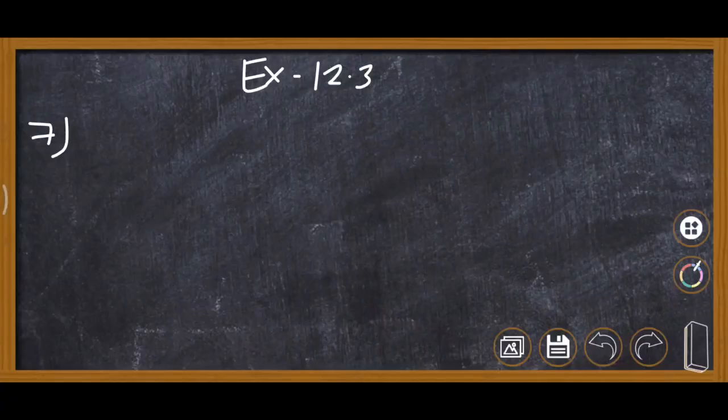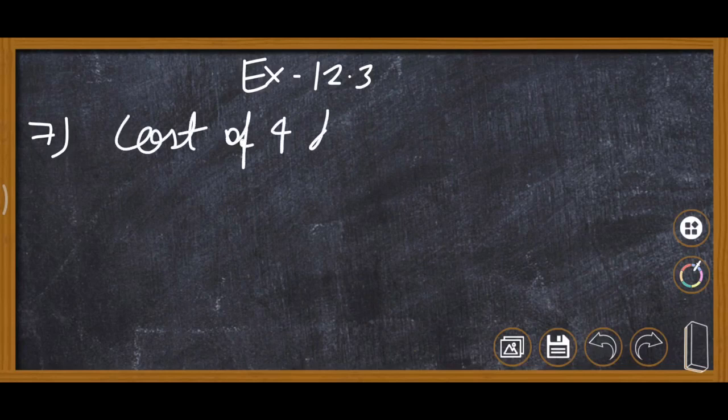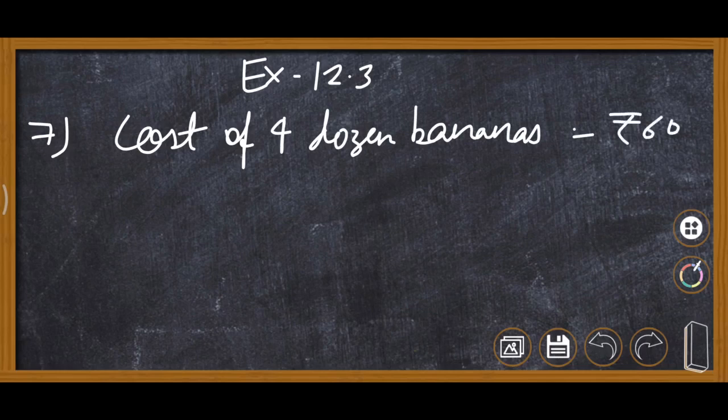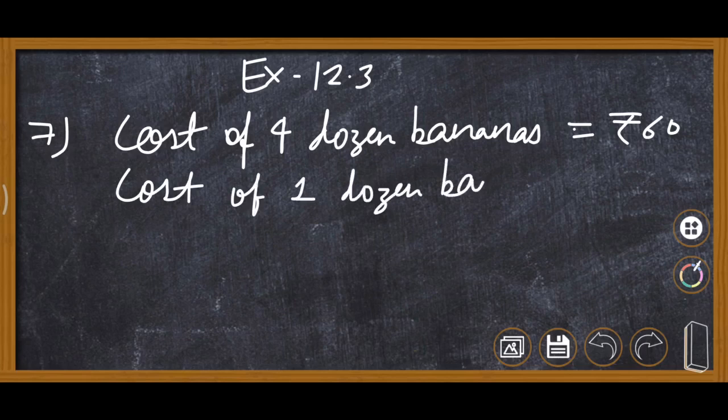Now this is question number 7. Cost of 4 dozen bananas. So 4 dozen bananas, here it is rupees 60. Then cost of 1 dozen banana. So we will here find 1 dozen.